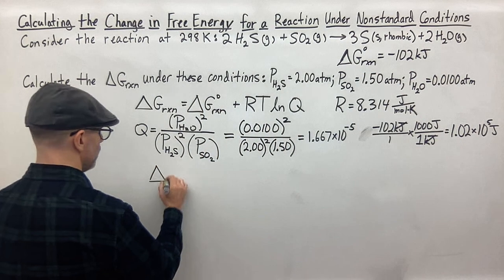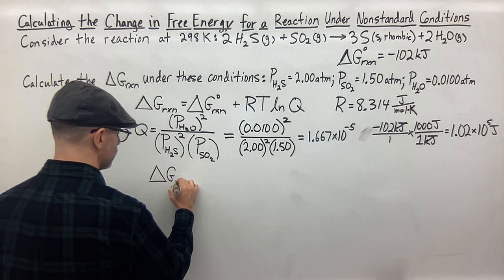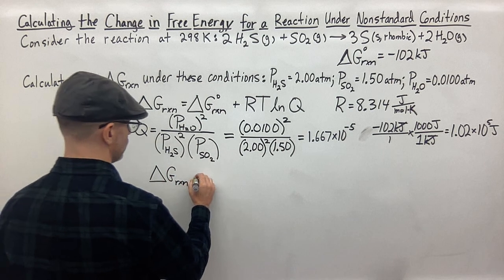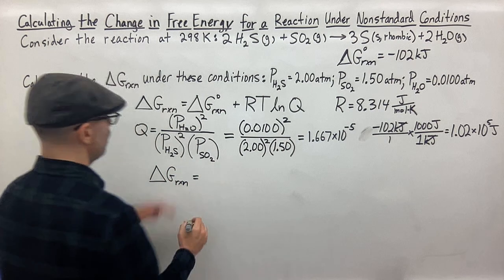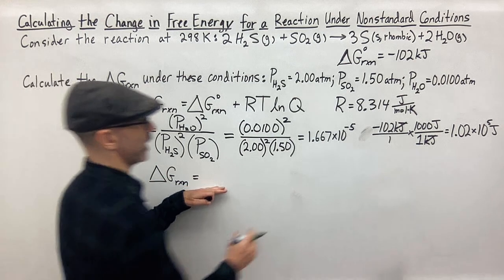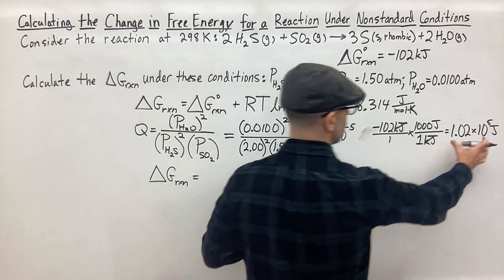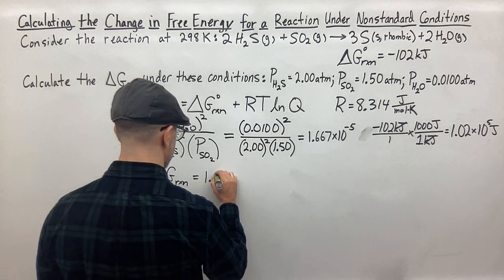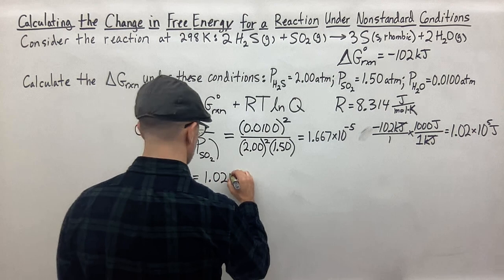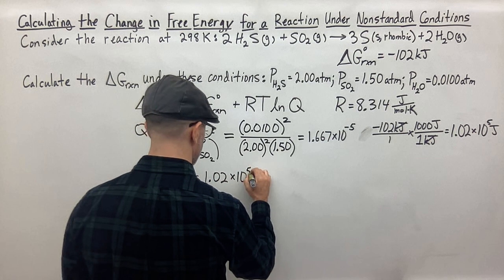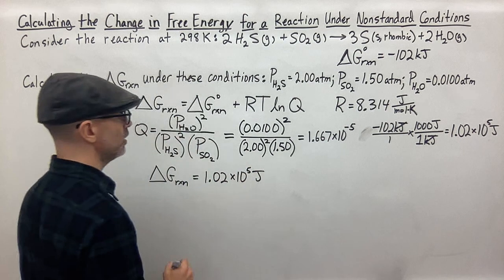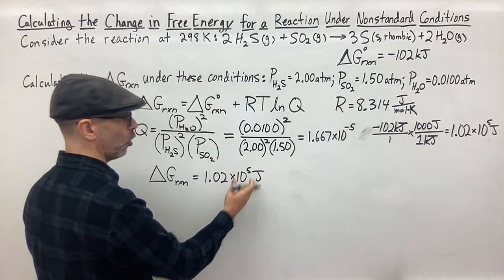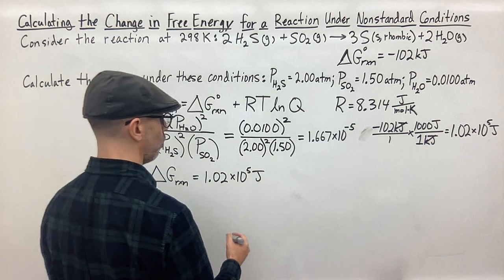So the free energy change of this reaction is equal to the standard free energy change of the reaction, which is 1.02 times 10 to the 5th joules. And this is like joules per mole, but we're ignoring the per mole.